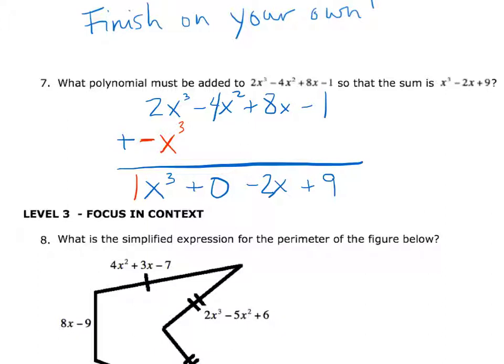Well, this is like that example where you have to add the opposite. So do the opposite. Negative 4x squared, we're going to do a positive instead. How can we get from positive 8x to negative 2x? Well, we would have to subtract 10x. And finally, from negative 1 to positive 9, you'd have to add 10.